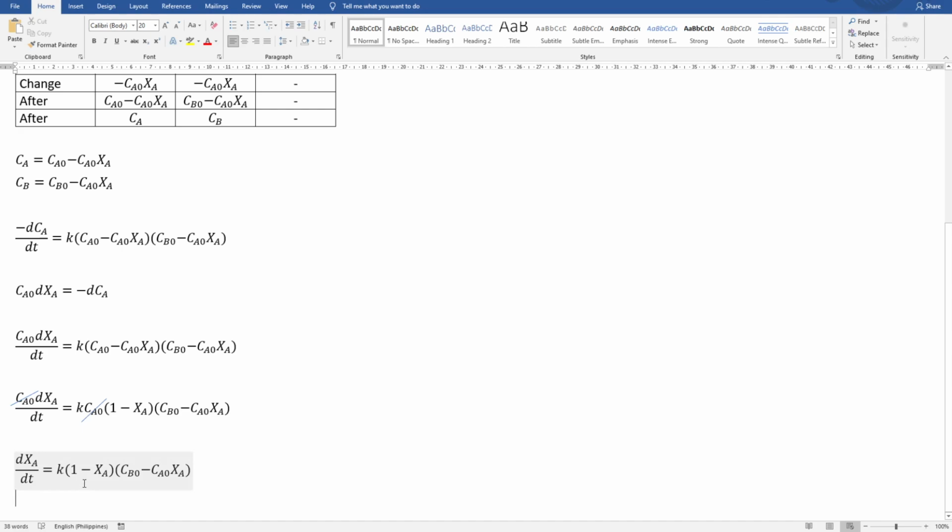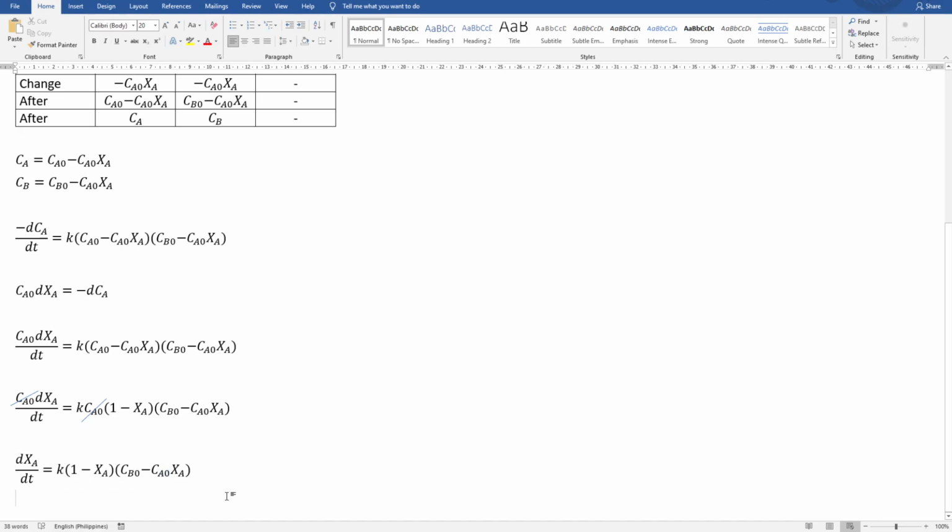So if we use variable separable, we can, because we have only XA and t as our dependent and independent variables. Meanwhile, CBO and CAO are constant.